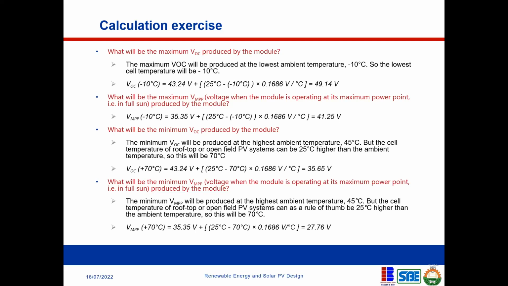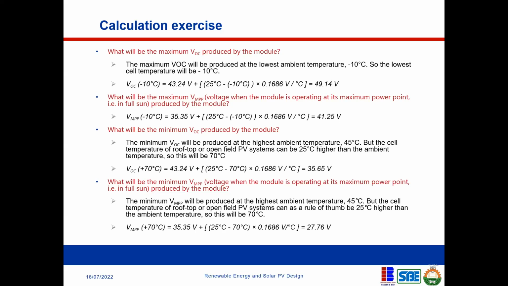Now, by standard test condition, the voltage that was given to us is 43.24. And remember that standard test condition is at 25 degrees centigrade. It's a standard. I told you that if you move below 25 degrees centigrade, what happens to your voltage? It increases. Exactly, it increases. So when your voltage increases and your current is constant, what happens to the power output?